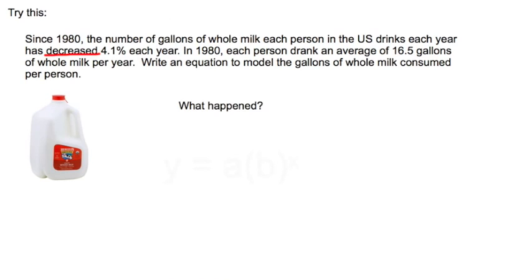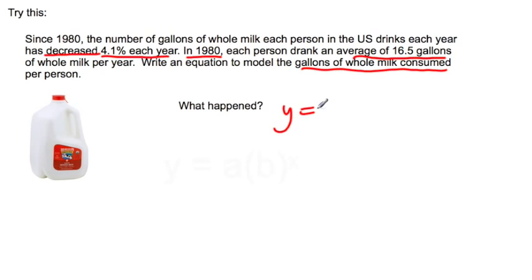So, what happened? Let's take a look at your equation. If you wrote down something like y equals, let's see, let x equal the number of years since 1980, let y equal the consumption, the gallons of whole milk consumed, let a, my initial starting amount, be 16.5, and b is going to be my decay factor.